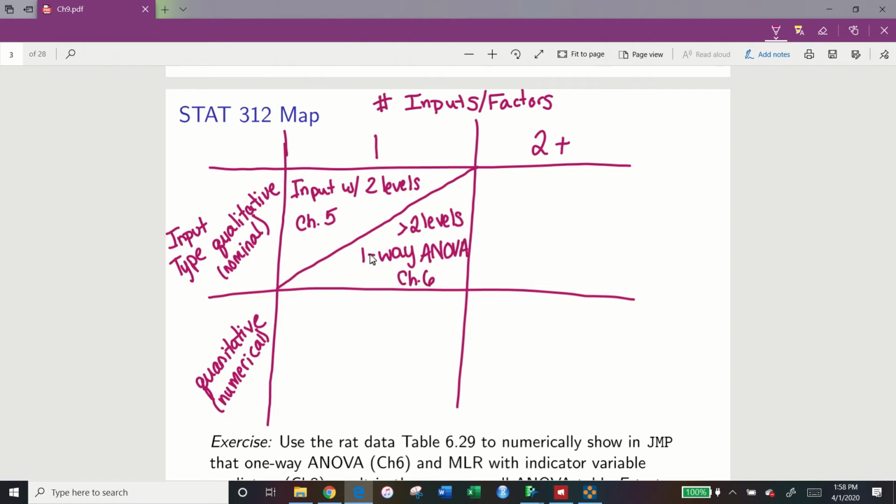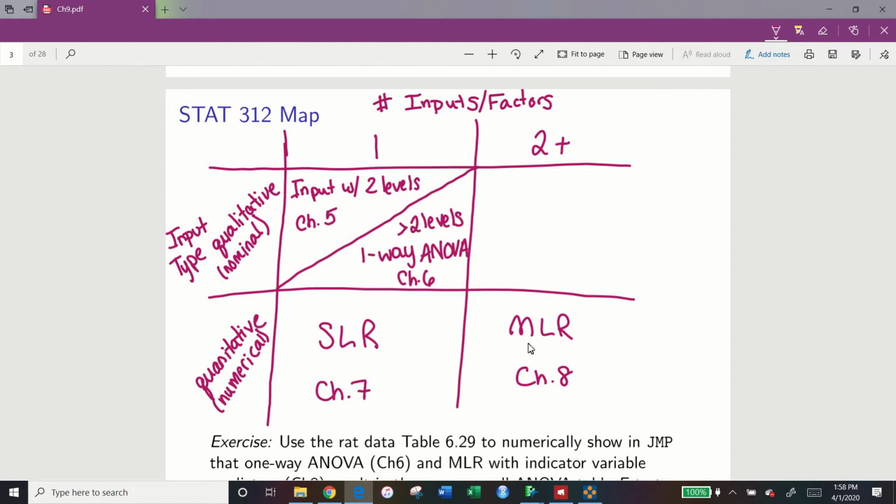Starting in chapter 7 and chapter 8, we moved away from qualitative data and started looking at quantitative data. When we had that single factor or single predictor that was quantitative, we were doing SLR, which was our chapter 7 material. When we were dealing with 2 or more factors that were both quantitative, we were doing MLR, or multilinear regression, in Chapter 8.